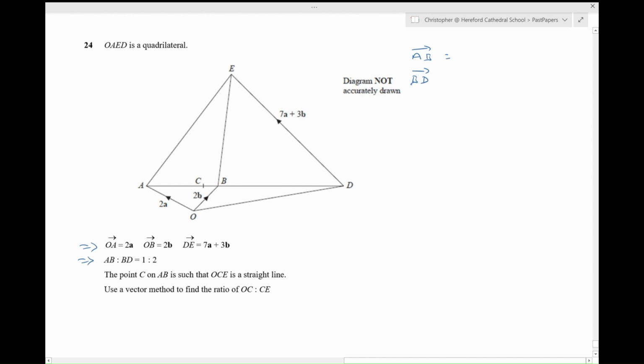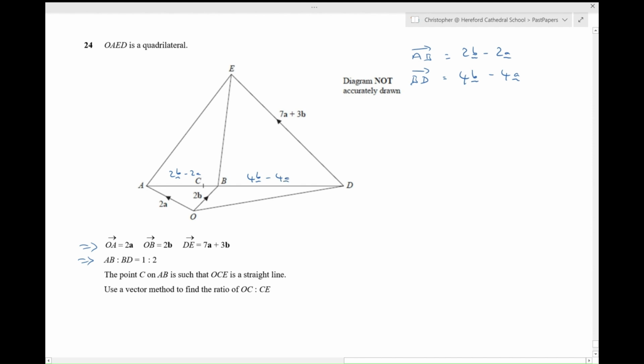So AB, if I start on A, it's going to be minus 2A to get down to O, and plus 2B. So that's 2B minus 2A. So BD is double that, 4B minus 4A. Let's write those in here. So this one is 2B minus 2A, and this one is 4B minus 4A.